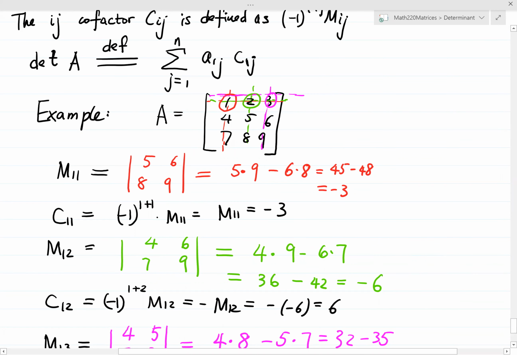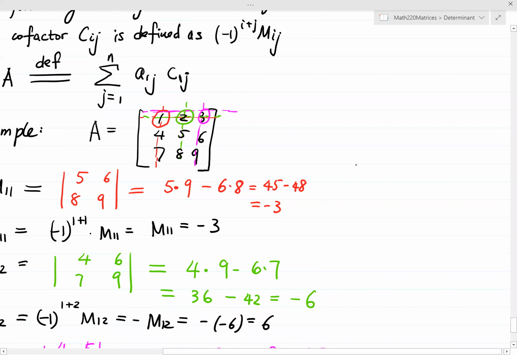Okay, let me check the answer. We use elimination to make it upper triangular. So it's 1, 2, 3. Minus 4 times that row, 0, -3. 6 minus... so it's -6.